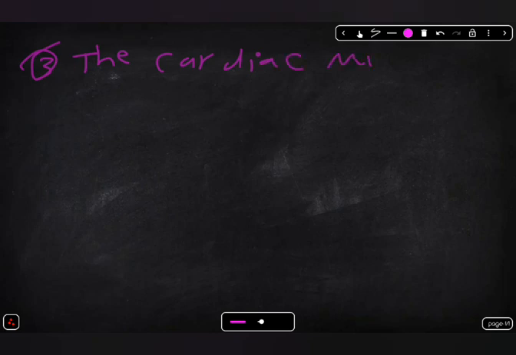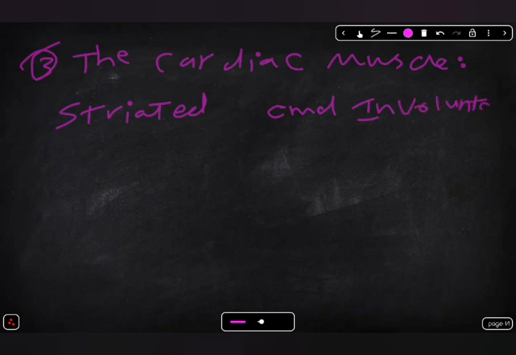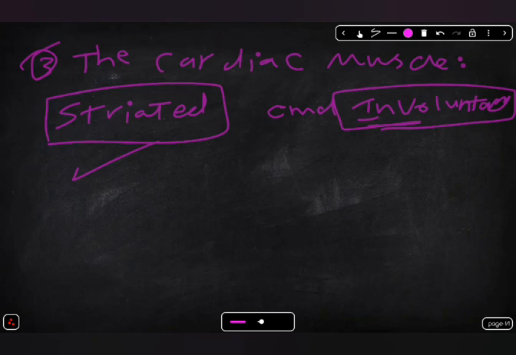The type number 3, the cardiac muscle. These muscle fibers are striated muscles and involuntary. Striated muscles, okay. Involuntary, I can't control the contraction and relaxation of it.